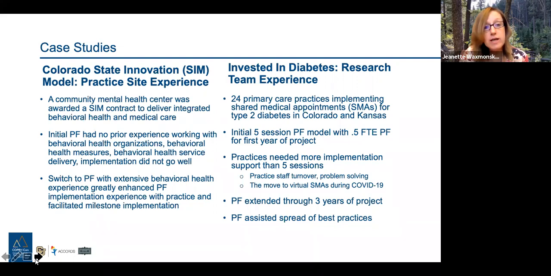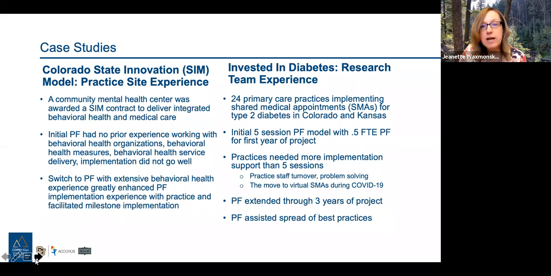One of the challenges that we faced, and we meaning the mental health center, because I was sitting in an administrative role at the time, was that the initial practice facilitator was very good at understanding what needed to be done for the SIM project, knew what the metrics were, knew what was going on in terms of milestones that needed to be met, et cetera, but they had no experience working in behavioral health organizations.